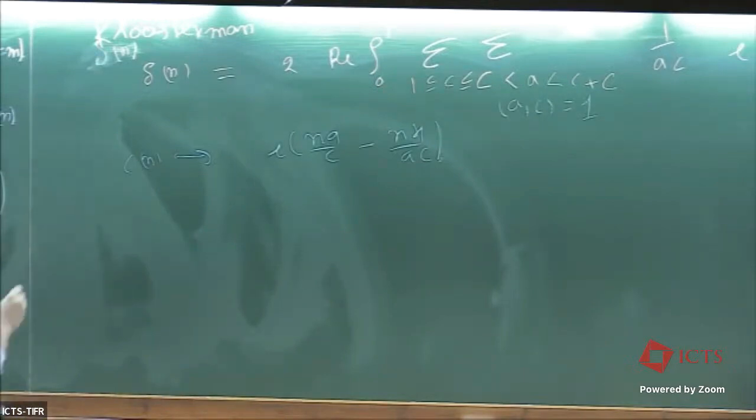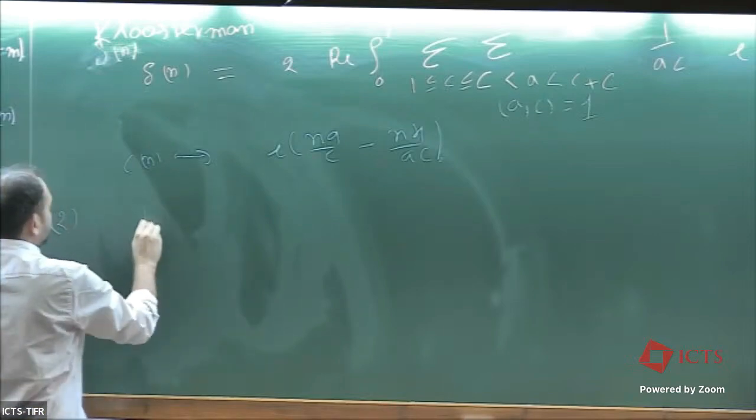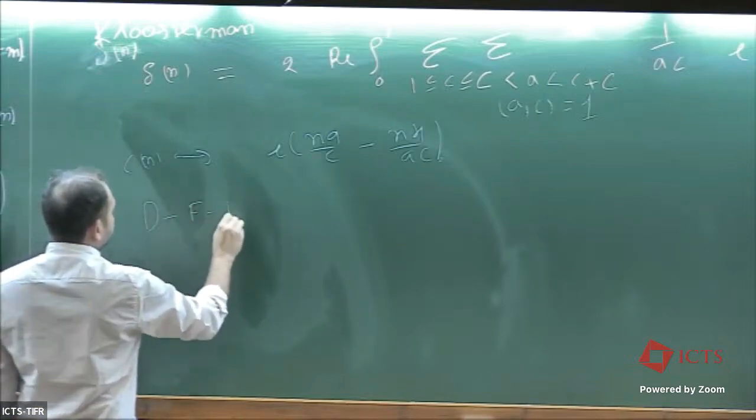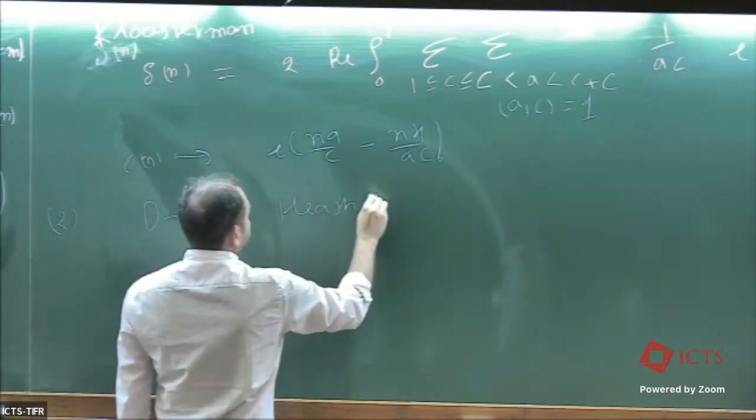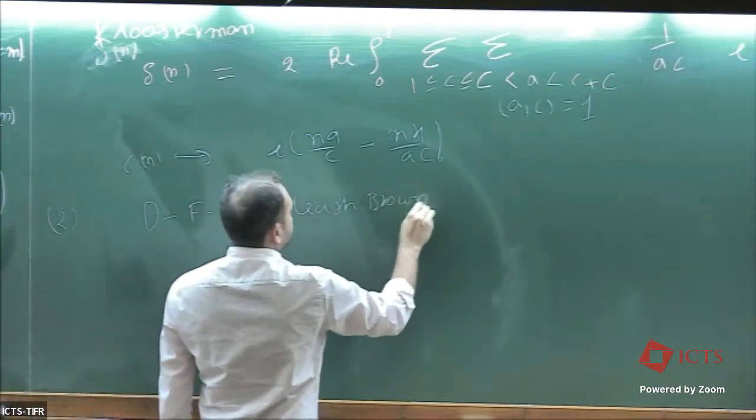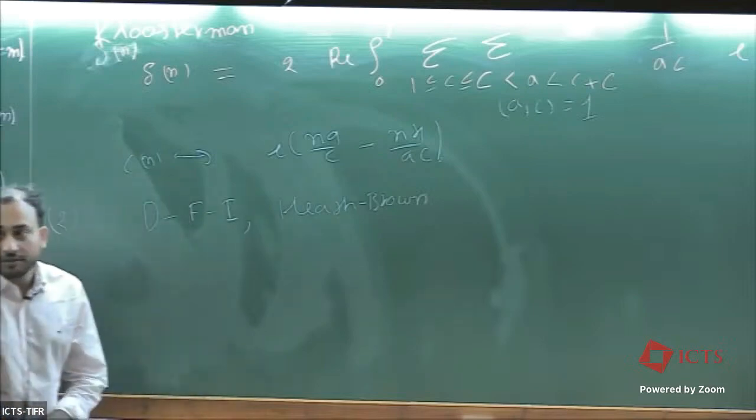And the second one is due to Duke, Friedlander and Iwaniec, which I will shorthand as DFI, and Heath-Brown, which we have seen earlier in the talk.